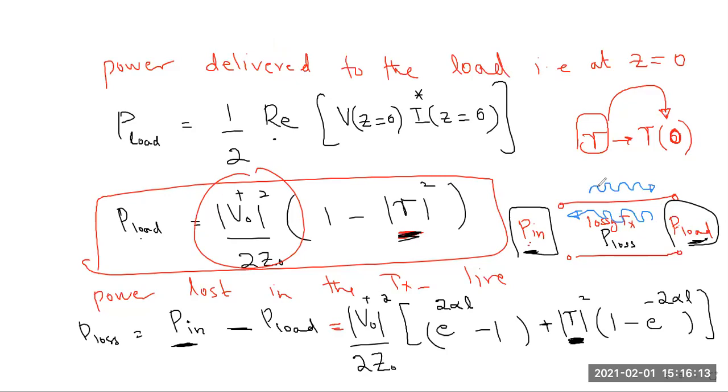The signal traveling in this direction also undergoes attenuation or loss.